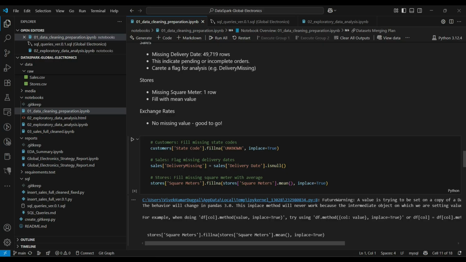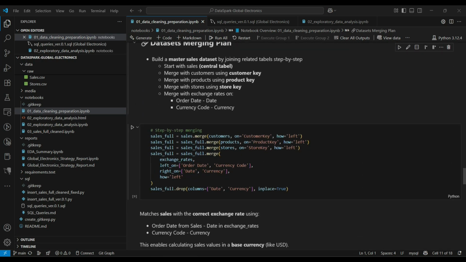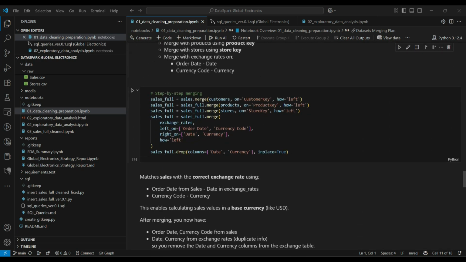In the sales dataset, over 49,000 rows lacked delivery dates. To track these pending deliveries, I introduced a new flag column called delivery missing. For the stores dataset, one entry was missing the square meter value, which I filled using the mean of the column.